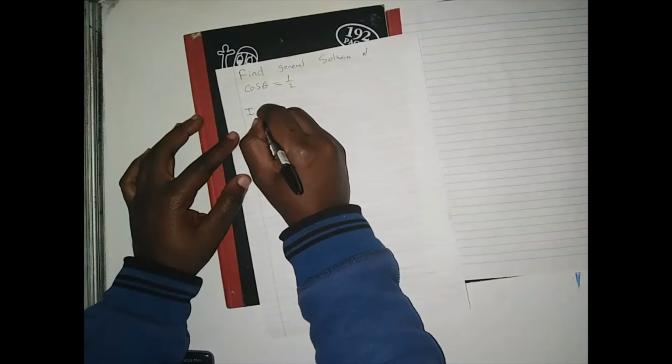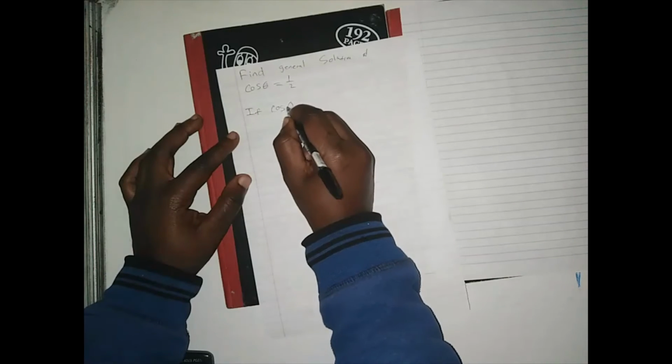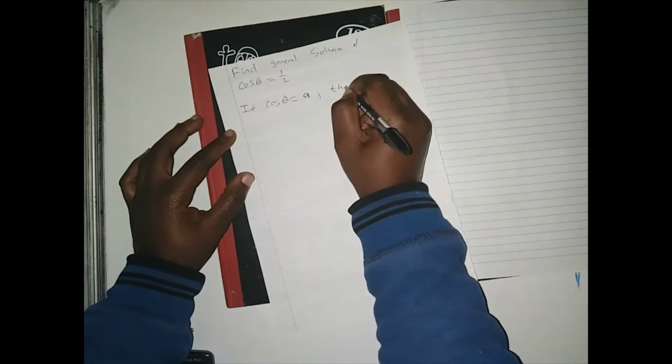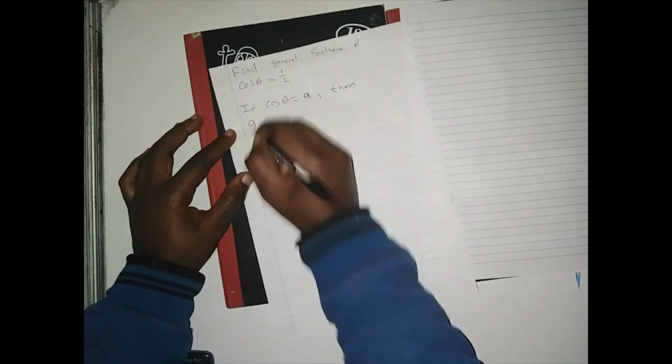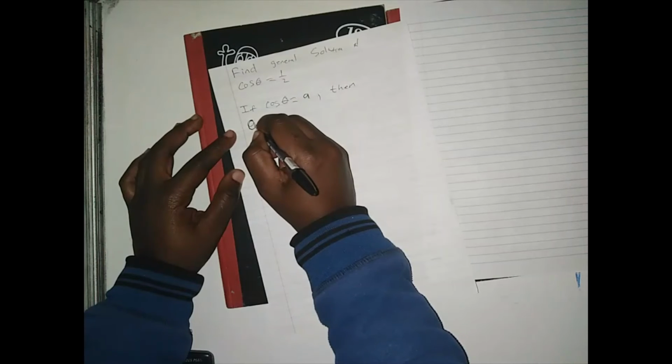So if cos theta is equal to, say, something positive, let's call it A this time around, then your theta, you will have a solution in, okay, let's look at cos.